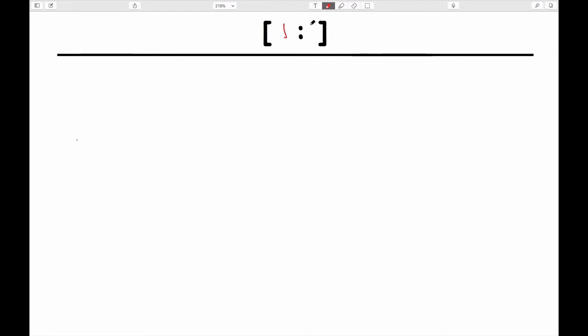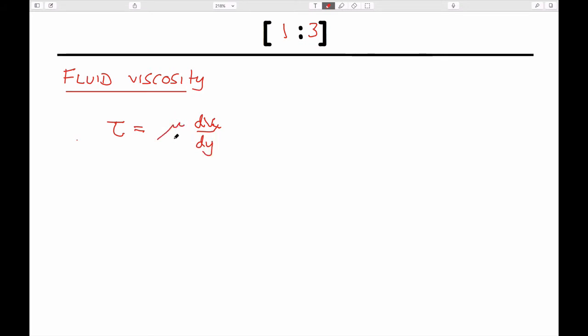Okay, where are we? 10 sparks. So, fluid viscosity. So I prefer to write some things out rather than define them. We talked about this last time. Newton's law of viscosity is this. It says that shear stress is linked to a change in velocity with location through a constant which is called the dynamic viscosity.